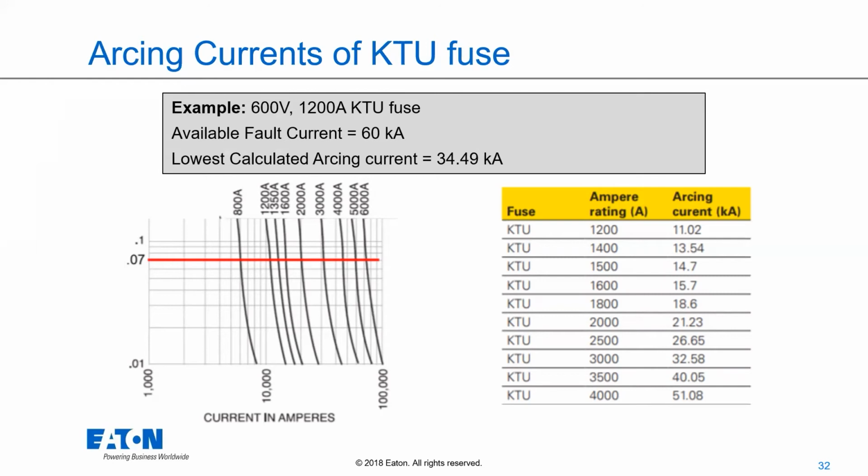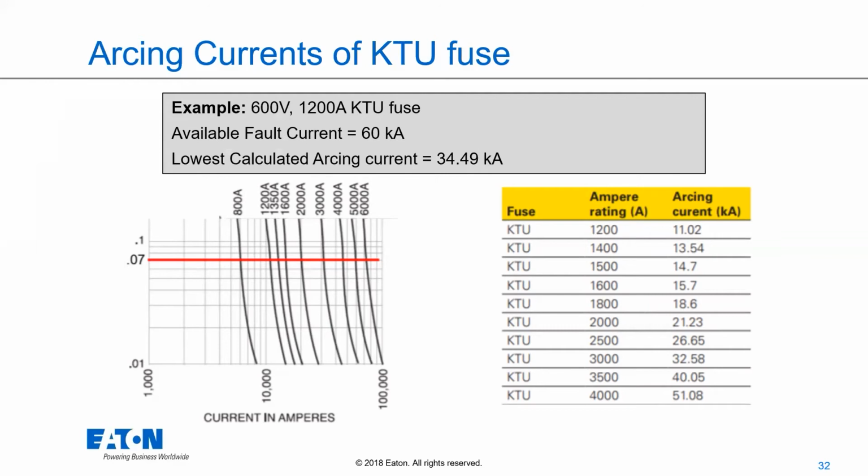It's interesting. You would say, oh, obviously with arcing current, you want the lower values. The lower values are going to be less of a hazard, right? Well, that's not actually true with fuses. With fuses, the lower the value is, the slower the fuse is going to open. The fuse opens faster the more current there is, and it opens slower the less current there is.